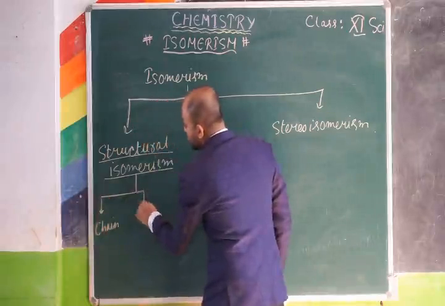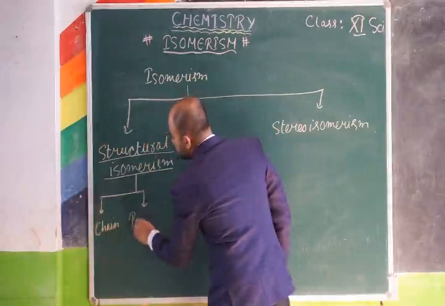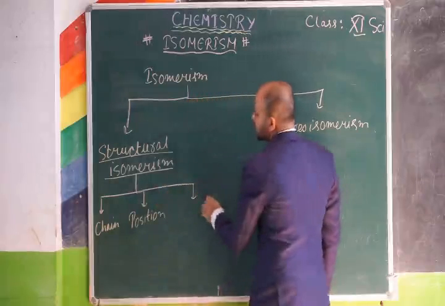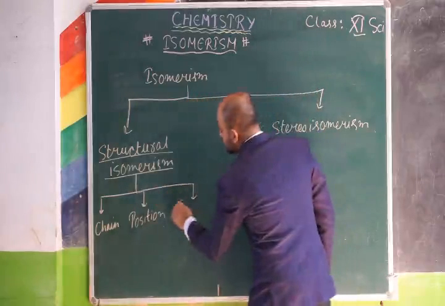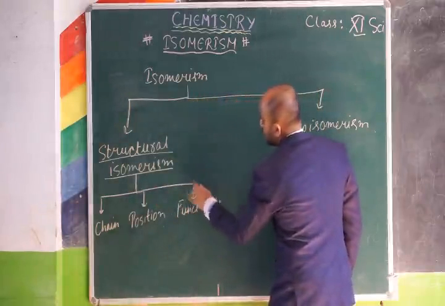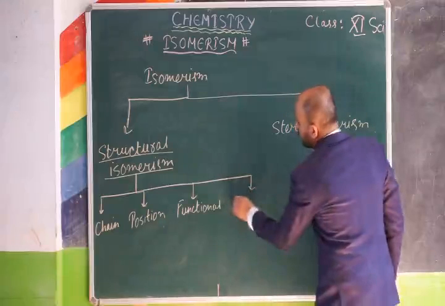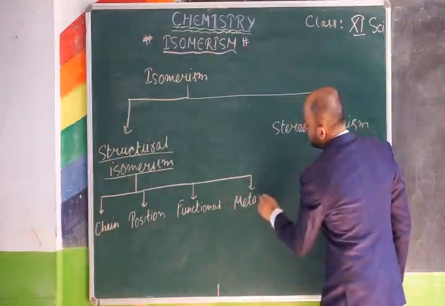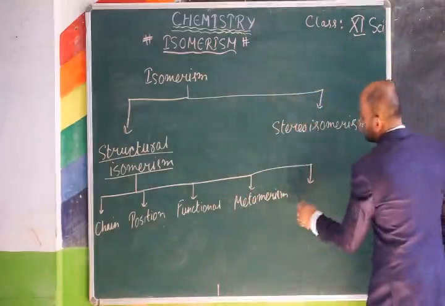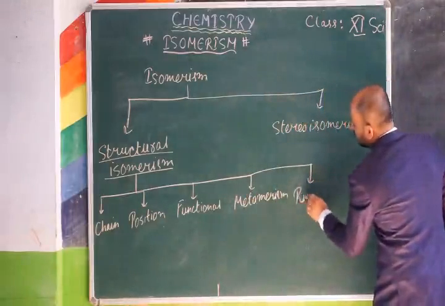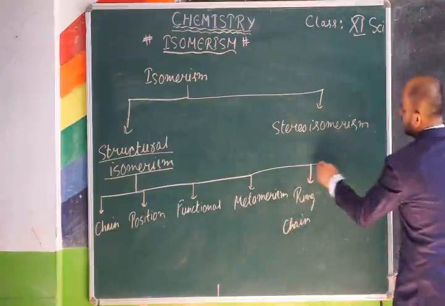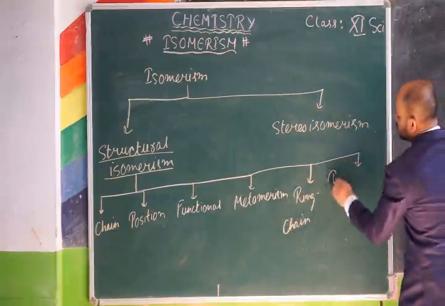The second is position isomerism. The third is functional isomerism. Then comes metamerism. Then we have ring chain isomerism. Then last we have tautomerism.